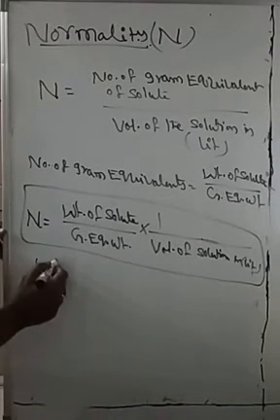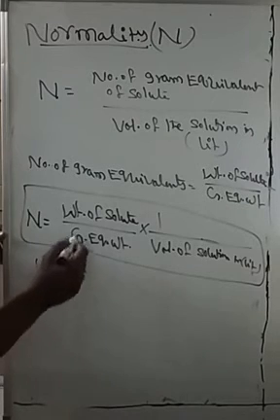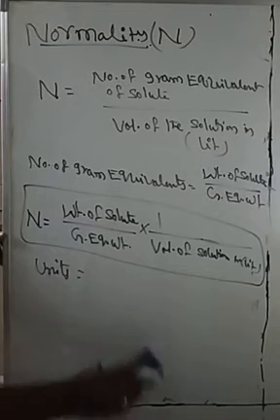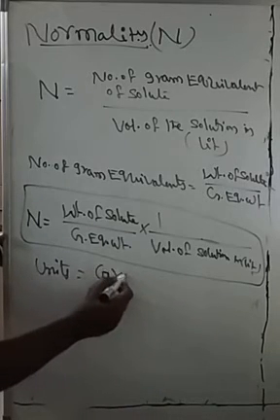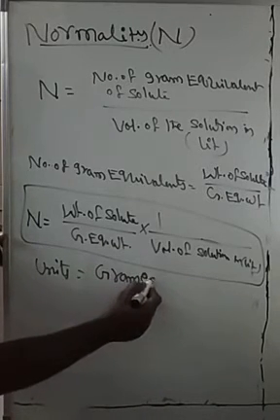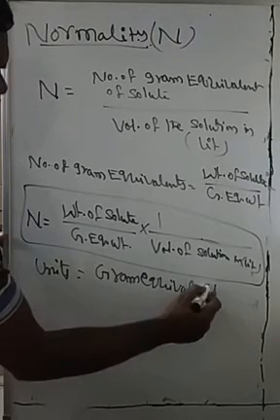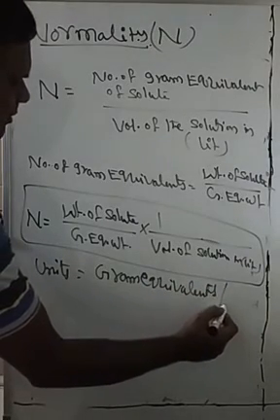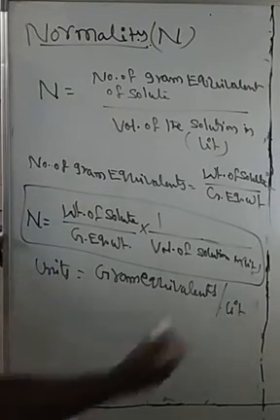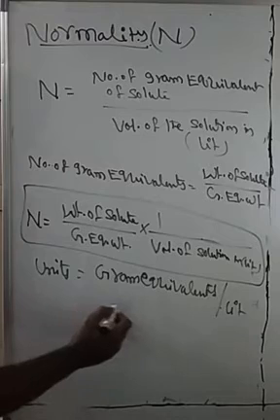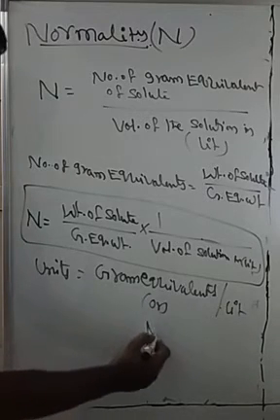What about the units of normality? Units are gram equivalents per liter, or simply capital N.